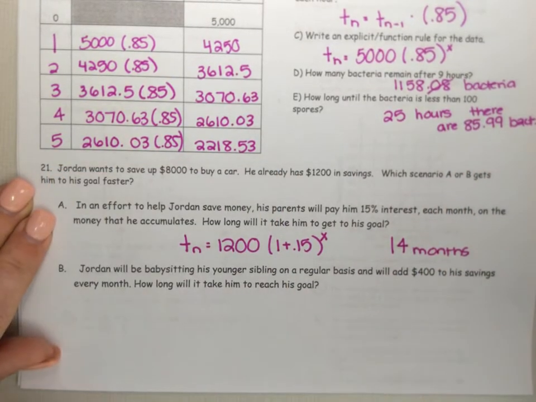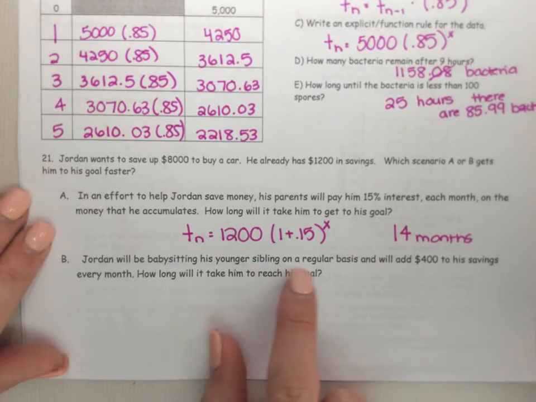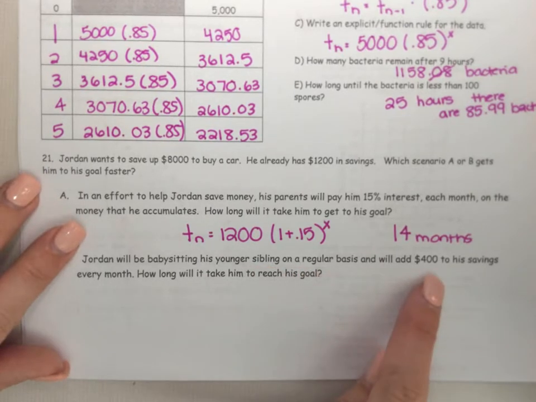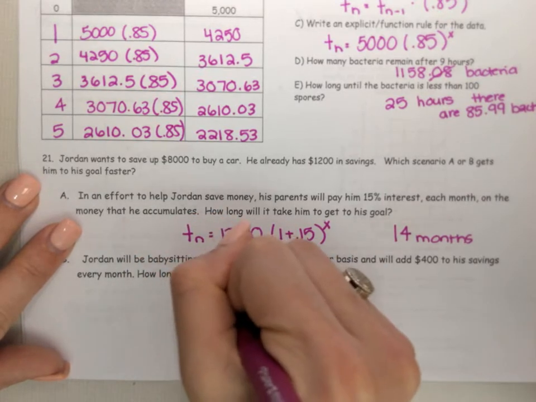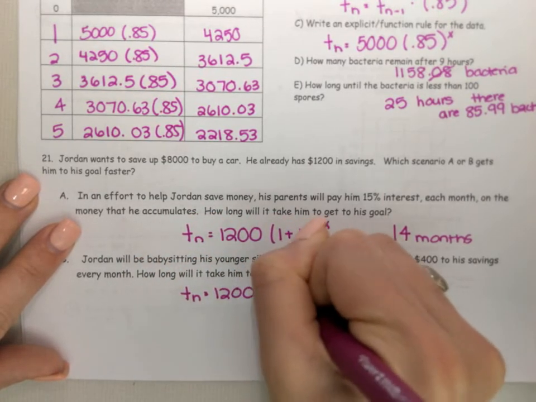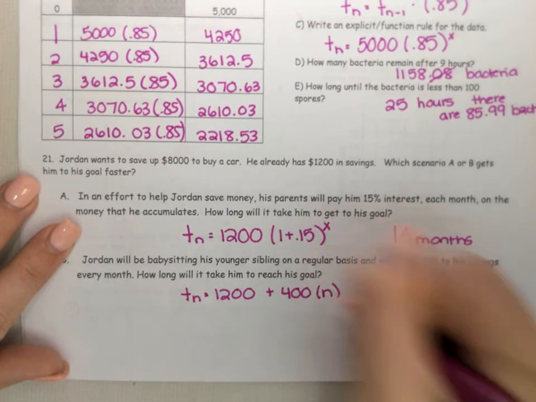Here, Jordan will be babysitting his younger siblings on a regular basis and will add $400 to his savings every month. So Tn equals, he's starting off with $1,200 and he's adding $400 each month.